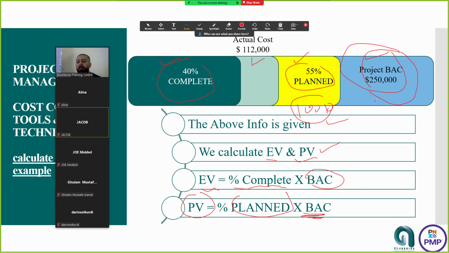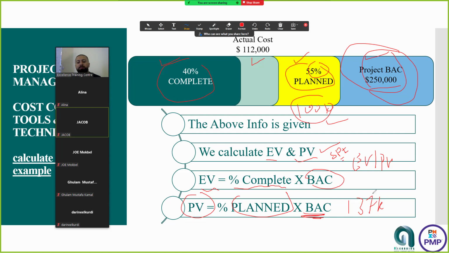55% by 250. Calculate it very fast, guys, please. 55% multiplied by the 250. So it is 137K, which is the PV, right? So we know now the EV over the PV equals what? SPI, right? Yes.